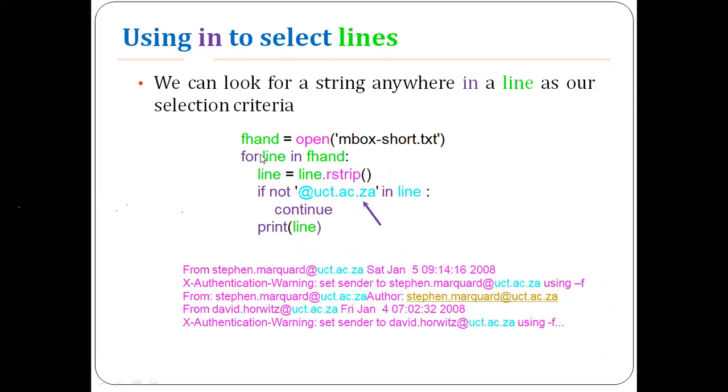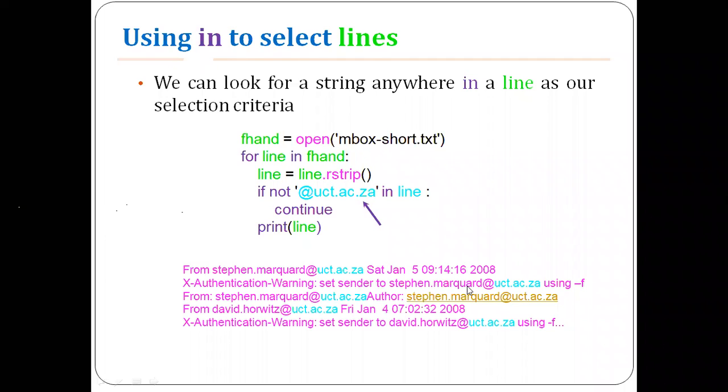Once it executes, this is your output. Look at all the lines. All these lines contain @uct.ac.za, such as Stephen dot marquard at uct.ac.za, and X authentication warning, and all these things.